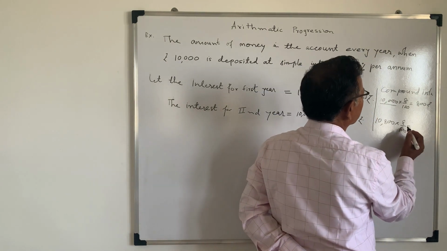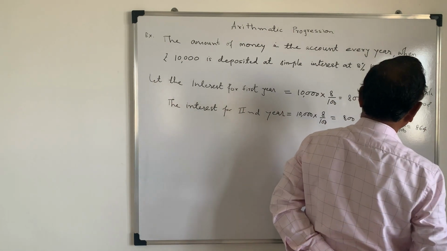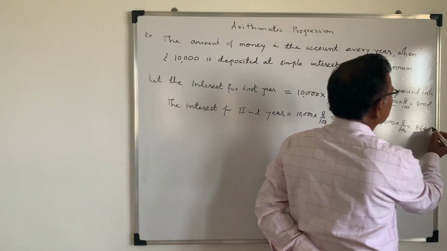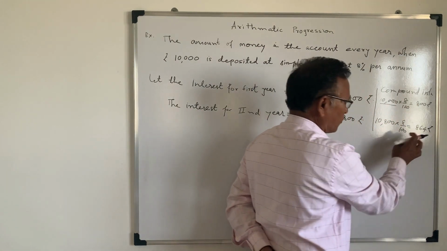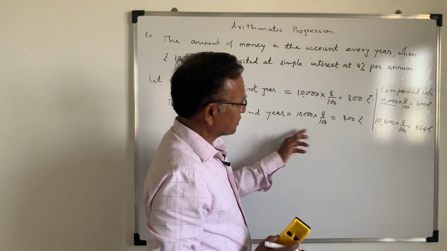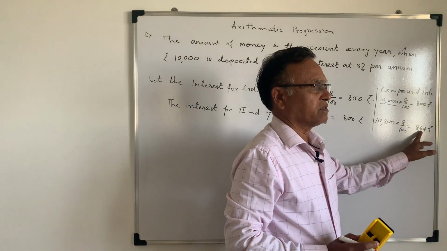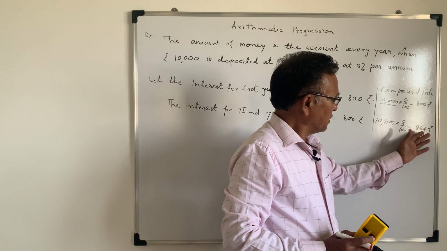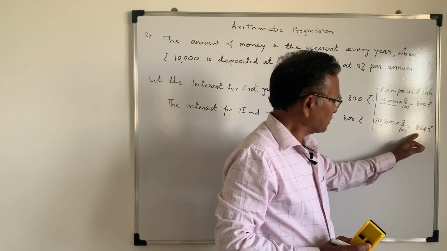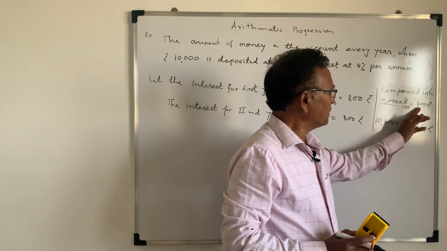That will be 864. That will be the interest for second year, whereas in simple interest the interest for second year is 800. So 64 rupees is more in the compound interest, and thus the amount is increasing because of the interest on interest.